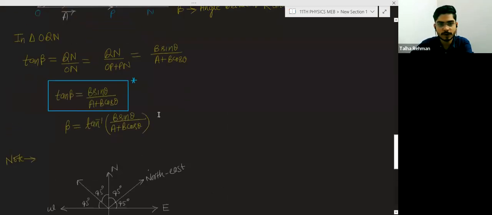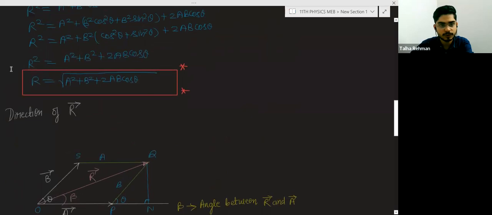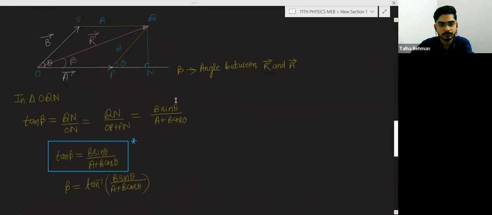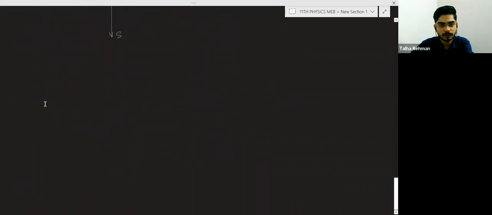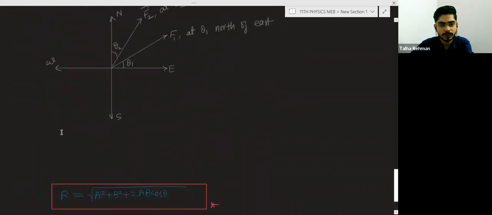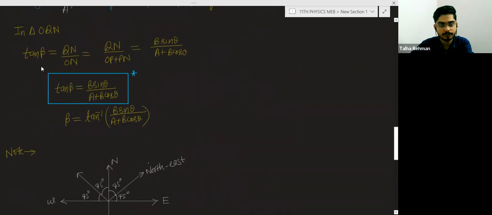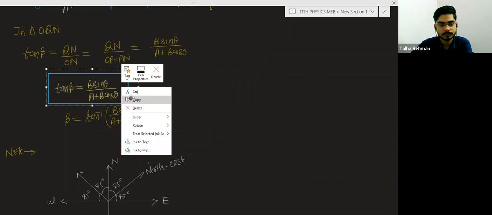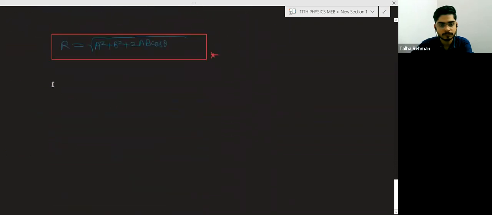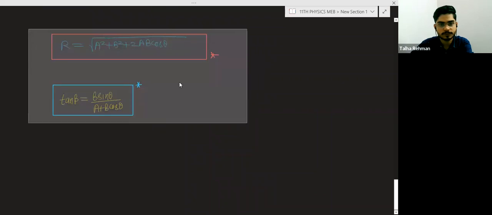So now I am taking one question on this. For solving this question, you should know this formula and this formula. We will use both these formulas.